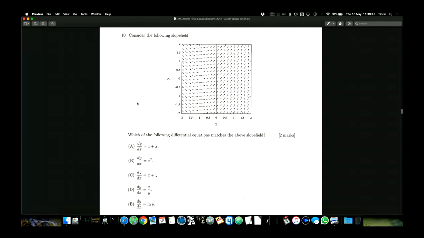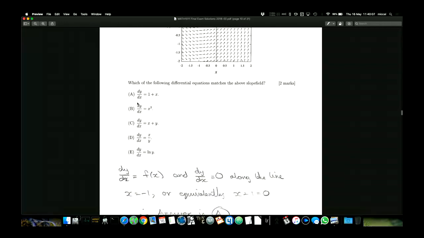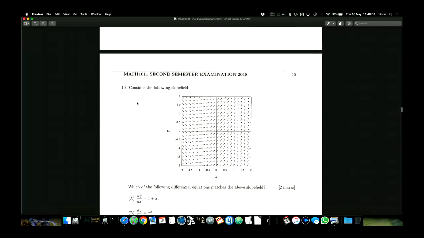Well, if you look at it, for horizontal lines, the slope changes, doesn't it? But for vertical lines, it doesn't. So that means the slope field varies with y, but not x. Oh, hang on, have I done that the wrong way around?